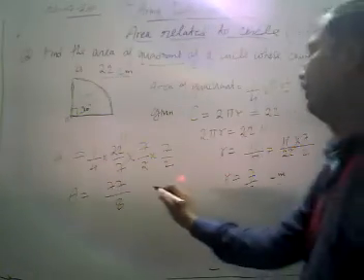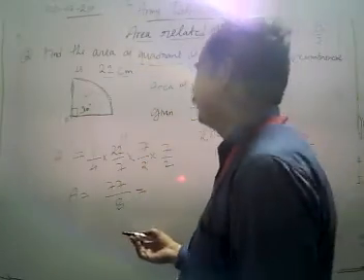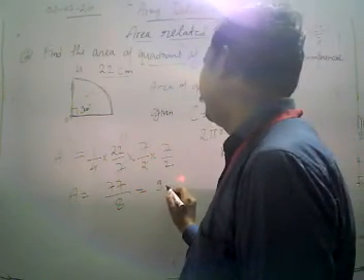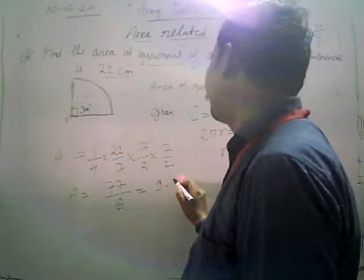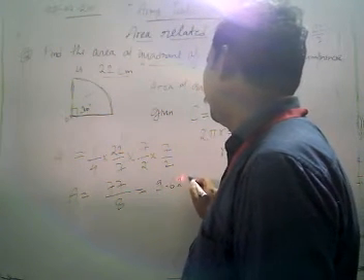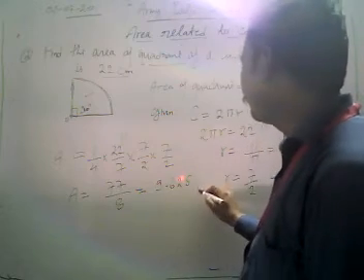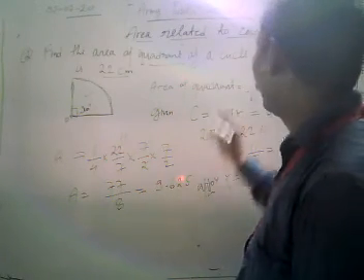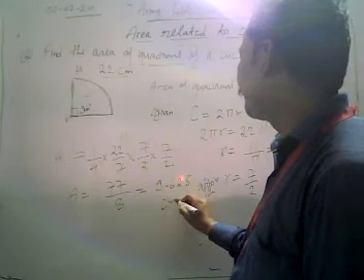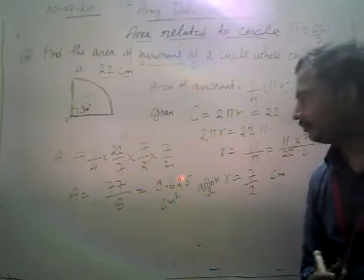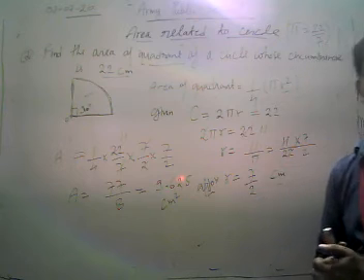Now we have to divide. It's 9.625 approx. Our area of quadrant of circle is 9.625 centimeter square.